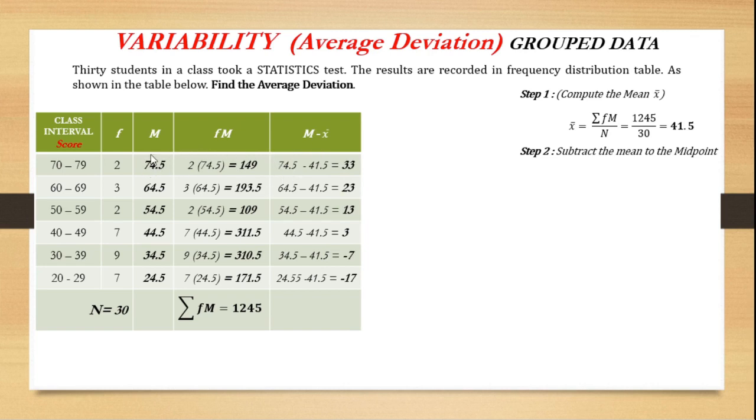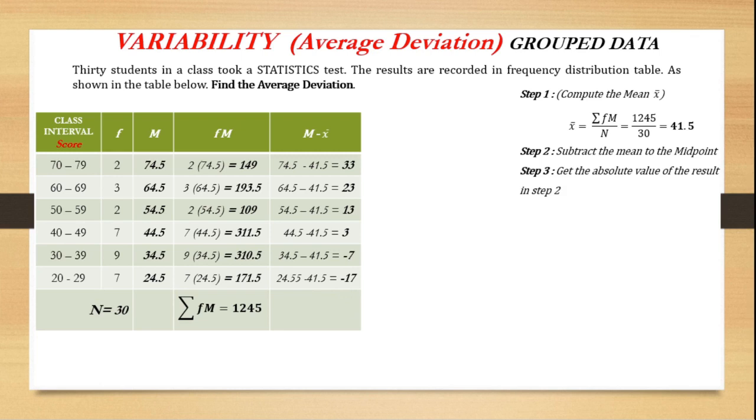We have 74.5 minus 41.5, that gives us 33. 64.5 minus 41.5, that gives us 23. 54.5 minus 41.5, that gives us 13. 44.5 minus 41.5, that gives us 3. 34.5 minus 41.5, that gives us negative 7. And 24.5 minus 41.5, that is negative 17.